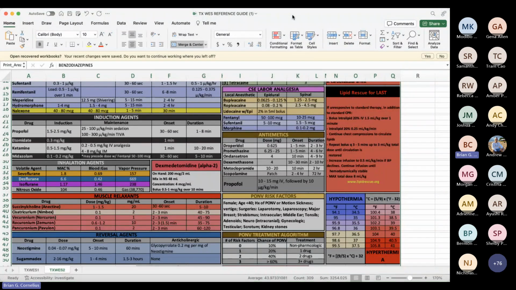How much glycopyrrolate are we going to give her? Good. What if she weighs 50 kilograms? So 3.5 milligrams of neostigmine, and how much glyco?